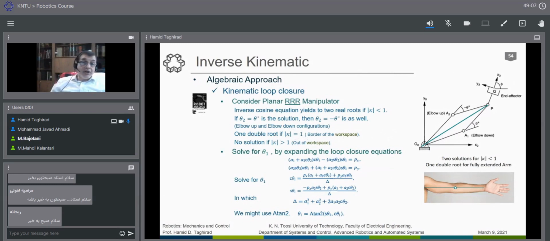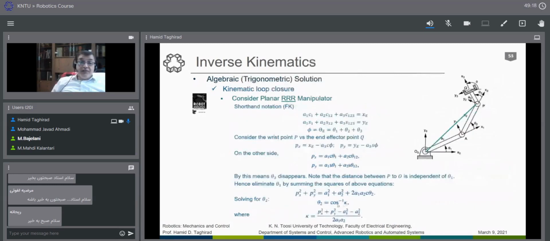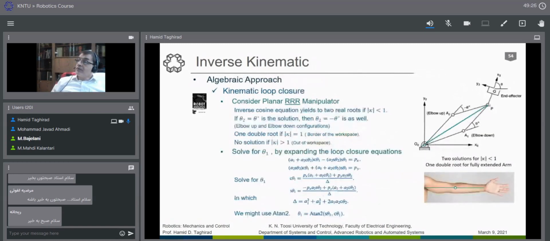And what happens if kappa is greater than 1? This is, as I mentioned, the cup to u, which is very far away. When we would like to find the inverse cosine of something which is greater than 1, this means that there is no solution. This point is out of the workspace. It is elongated more than the length of the two links that we have here.